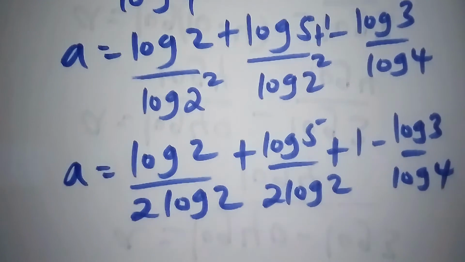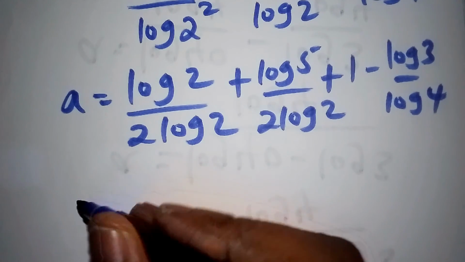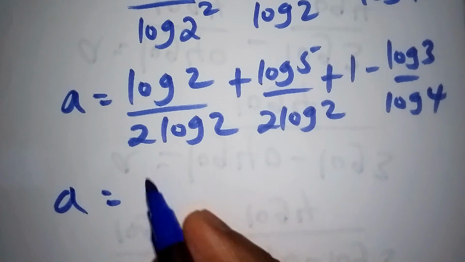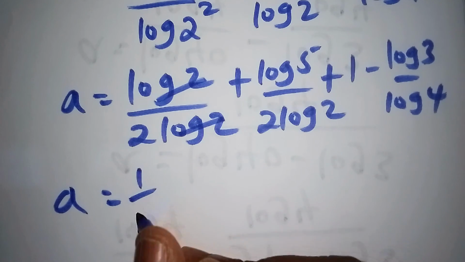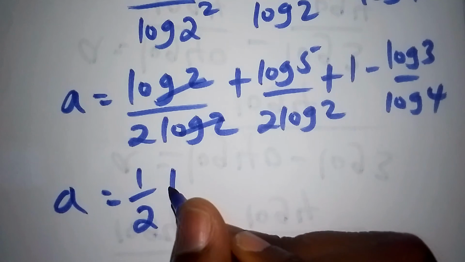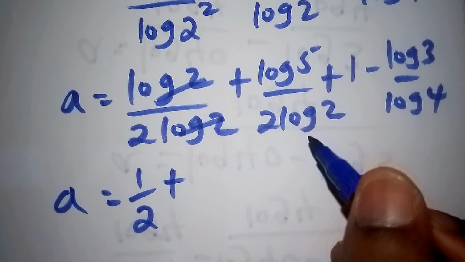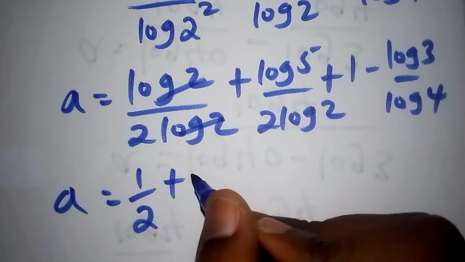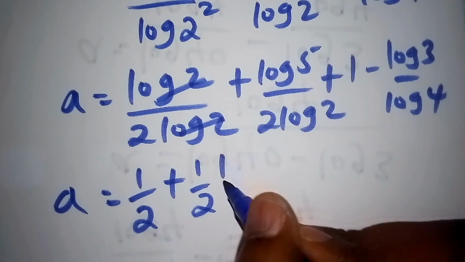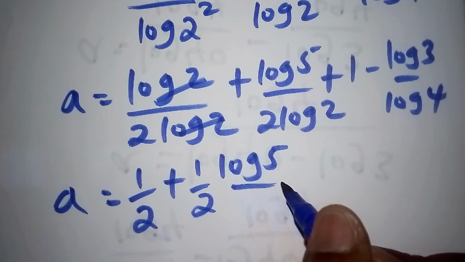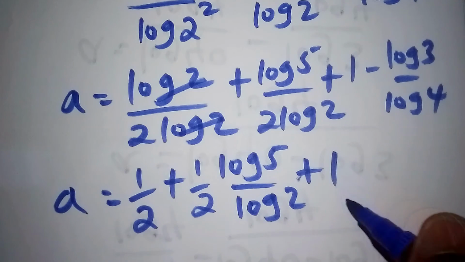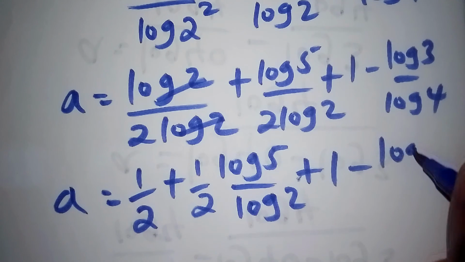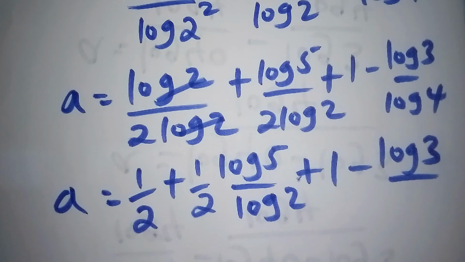We conclude that log 2 and log 2 shall cancel, so we have 1 over 2, plus 1 over 2 the log of 5 all over the log of 2, plus 1, minus the log of 3 all over the log of 4.